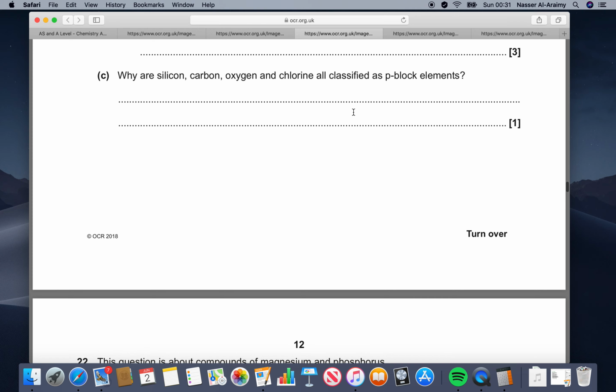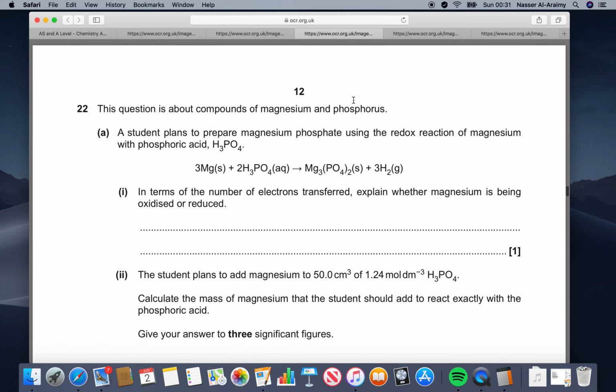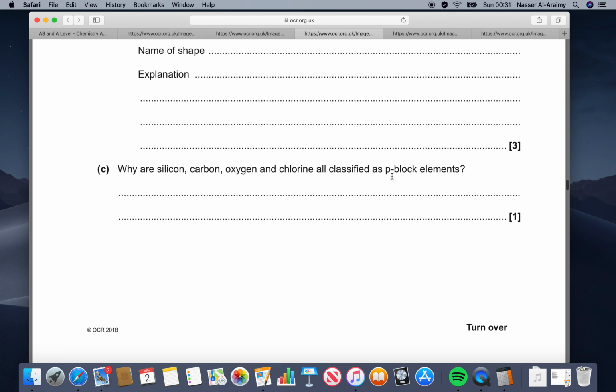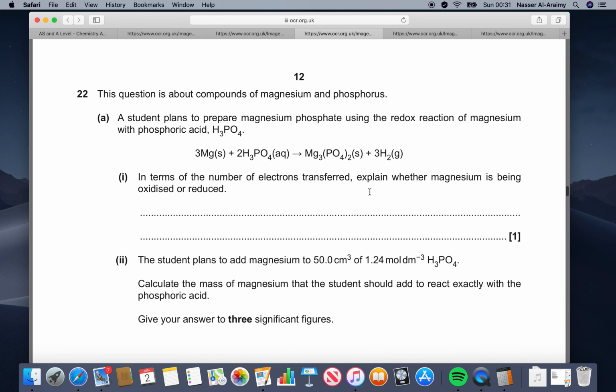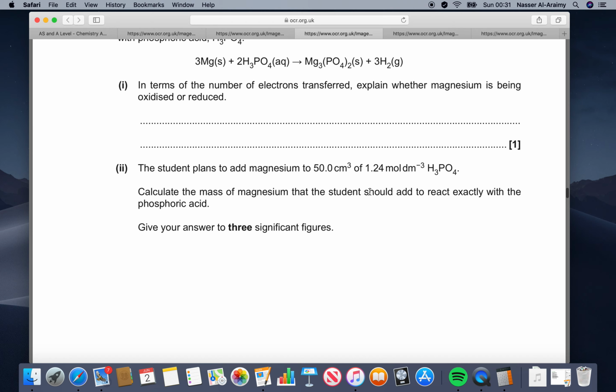Again, this is the same kind of question as before. These are electron configuration questions. Here we are. You've got your standard redox questions.